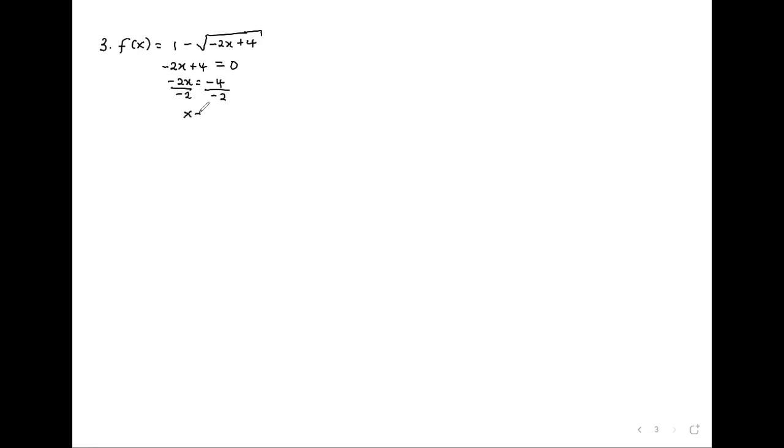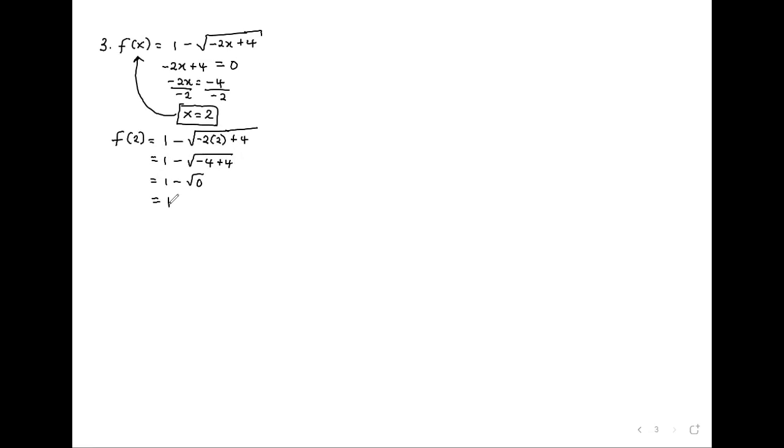So x is equal to positive 2. This value of x that we get here is the one we take in f. So what is f of 2? So f of 2 is 1 minus the root of negative 2 by 2 plus 4. This is 1 minus the root of negative 4 plus 4, which is 1 minus root 0, which is just 1.